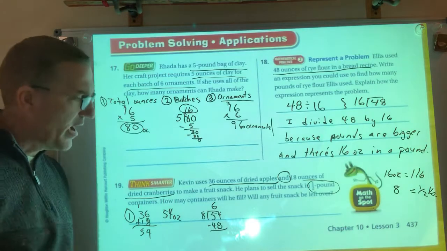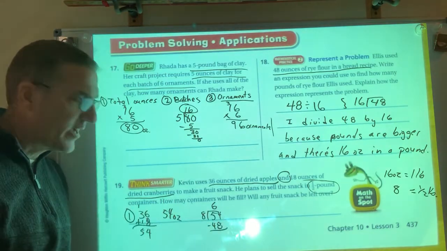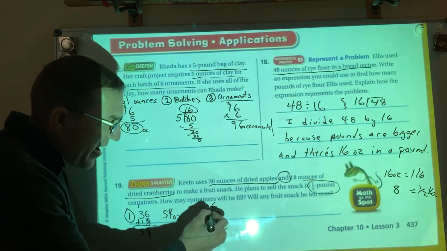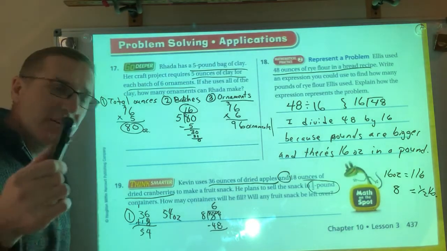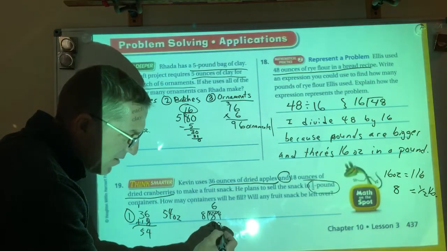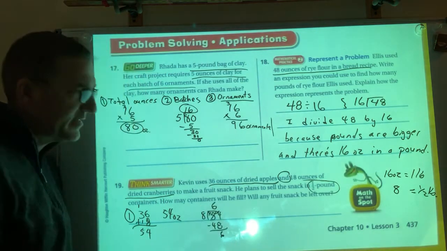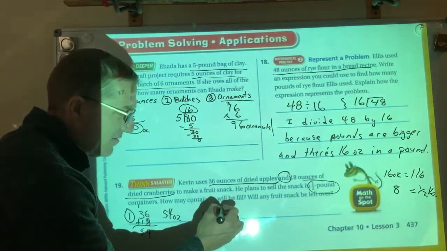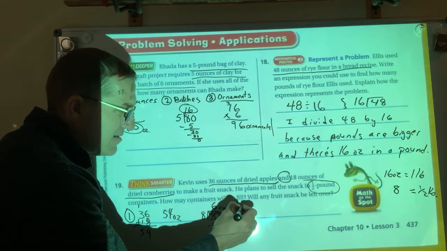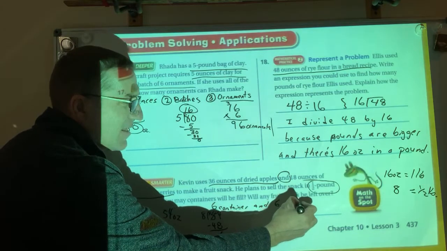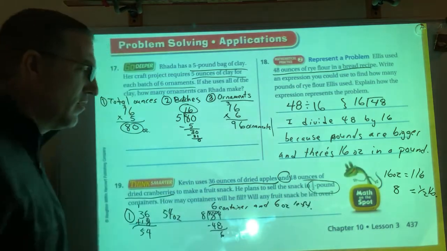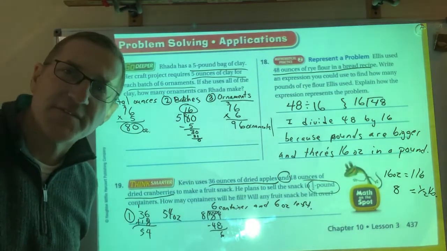No. I got to go next door. Cross out that 5, make it a 4. I got 14 minus 8. 14 minus 8 is 6. So I have 6 containers and 6 ounces left.